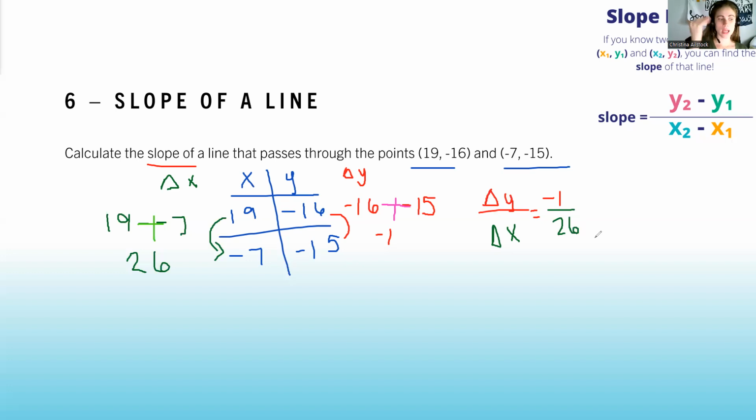Once again, it kind of makes sense that it would be a large number because if we picture that number line, if we're going from that 19 all the way to the negative 7, that's going to be changing quite a bit. When you look at your final answer for your slope, see if you can simplify your fraction at all. In this case, I can't, so that actually would be our final answer. The slope of our line is negative 1/26.